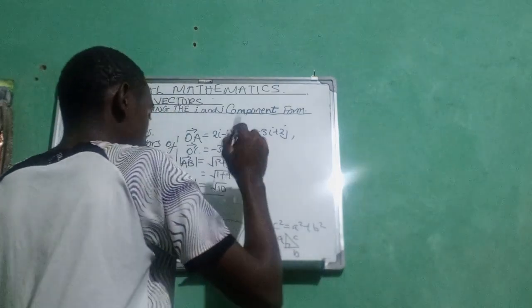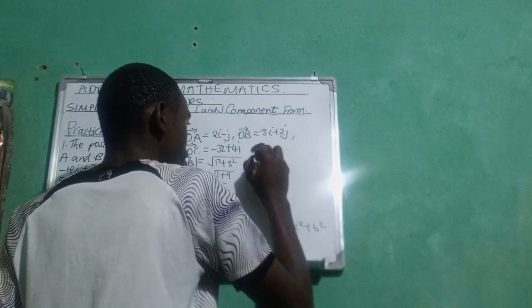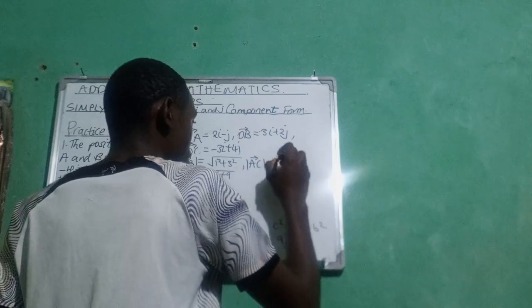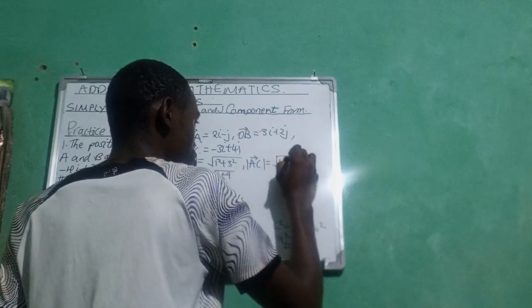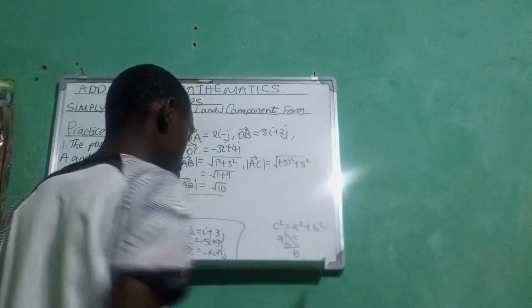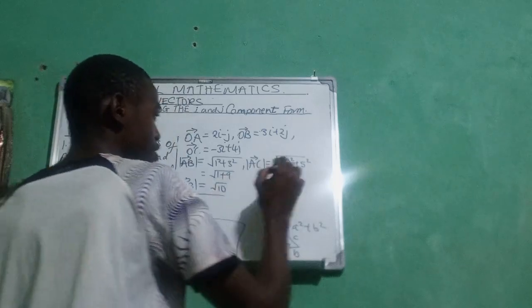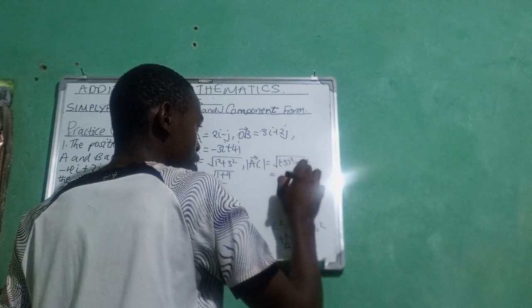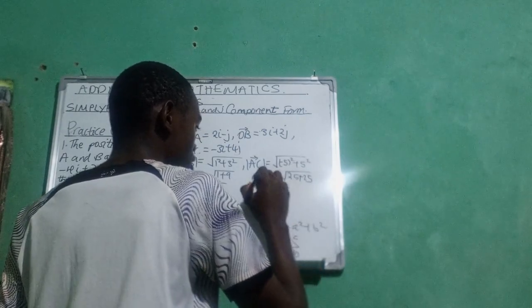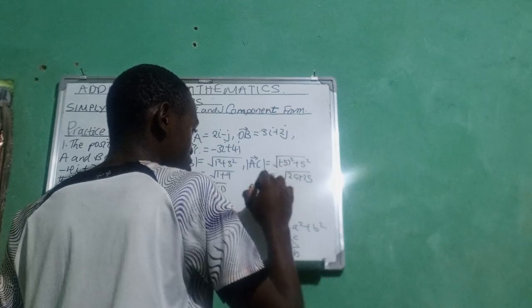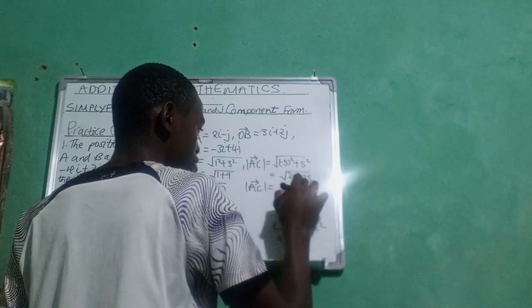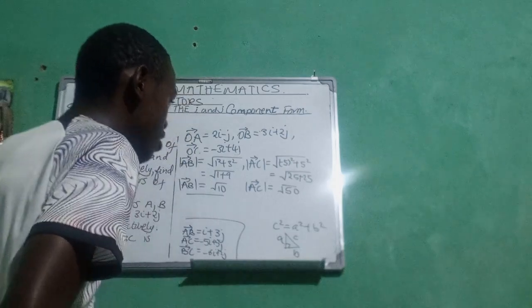Then we'll also look for the magnitude of AC, which is equal to square root of negative 5 squared plus positive 5 squared because of the 5j. It will be equal to square root of 25 plus 25. Therefore our AC is equal to square root of 50.